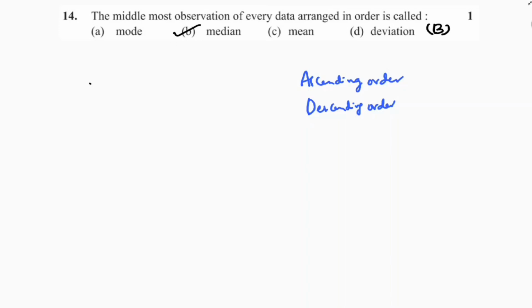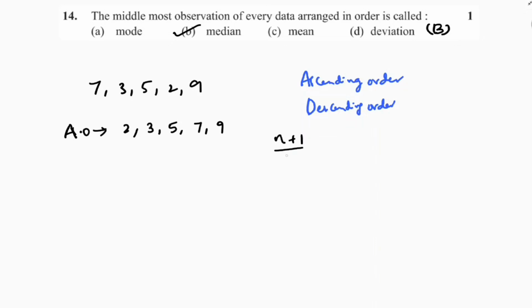For example, I'll take some observations: 7, 3, 5, 2 and 9. Suppose these are 5 observations, an odd number, so I'll arrange in ascending order: 2, 3, 5, 7 and 9. For odd, the formula is (n plus 1) by 2 observation. So (5 plus 1) by 2, that is 6 by 2, that is the third observation.